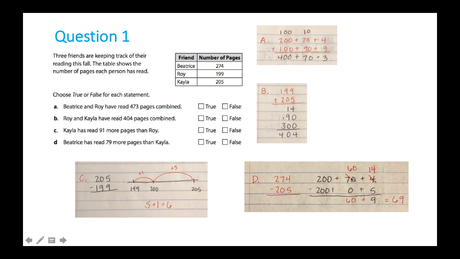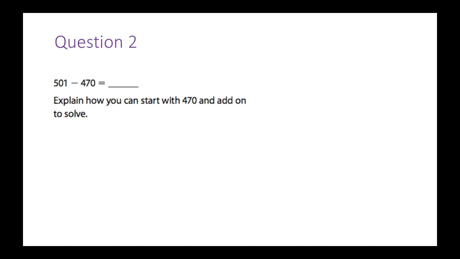So I changed the 70 to a 60 and changed this 4 to a 14. 14 minus 5 equals 9, and 60 minus 0 equals 60, giving me the difference of 69. So looking back at D, it looks as though that would be false as well, because the actual answer would be 69.